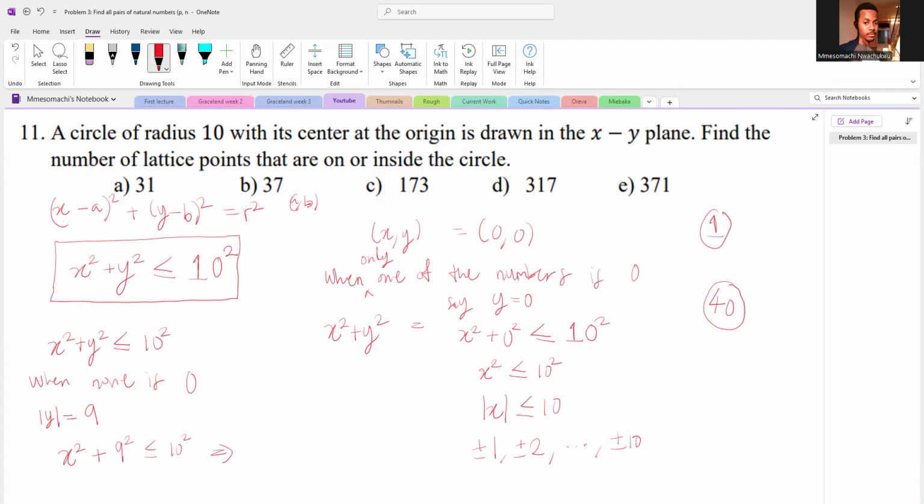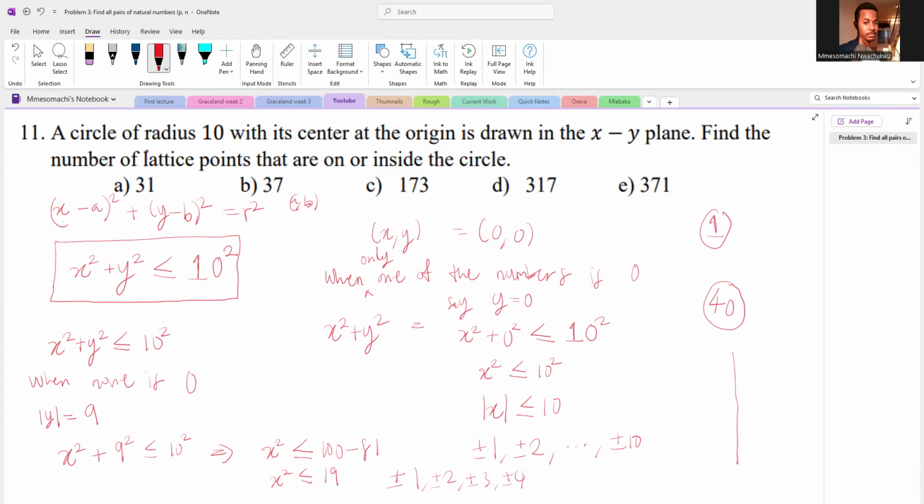This implies x squared is less than or equal to 100 minus 81, so x squared is less than or equal to 19. So here we have plus or minus 1, plus or minus 2, plus or minus 3, plus or minus 4. I'll just put them here.